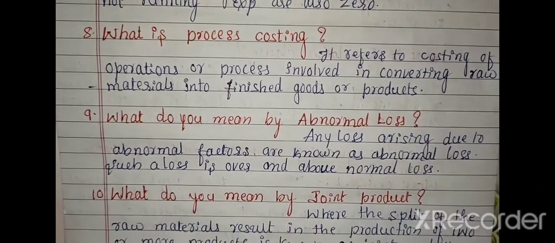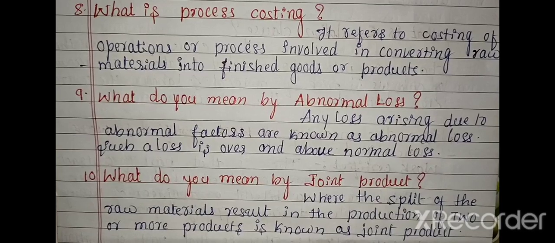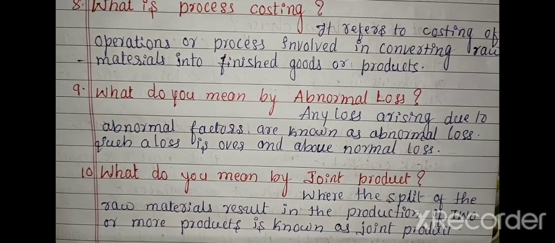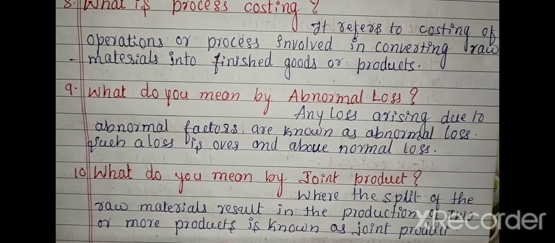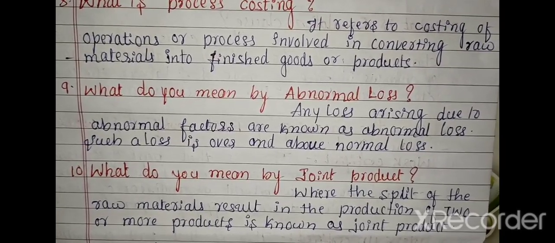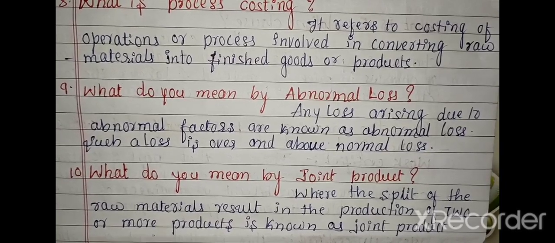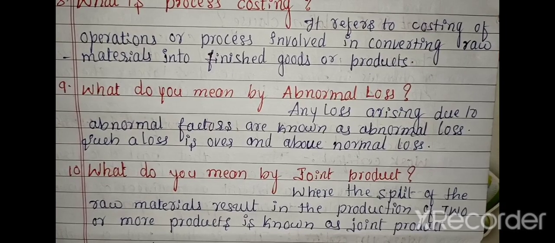And question number 9, what do you mean by abnormal loss? Any losses arising due to abnormal factors are known as abnormal losses. That is, such losses are over and above the normal losses.